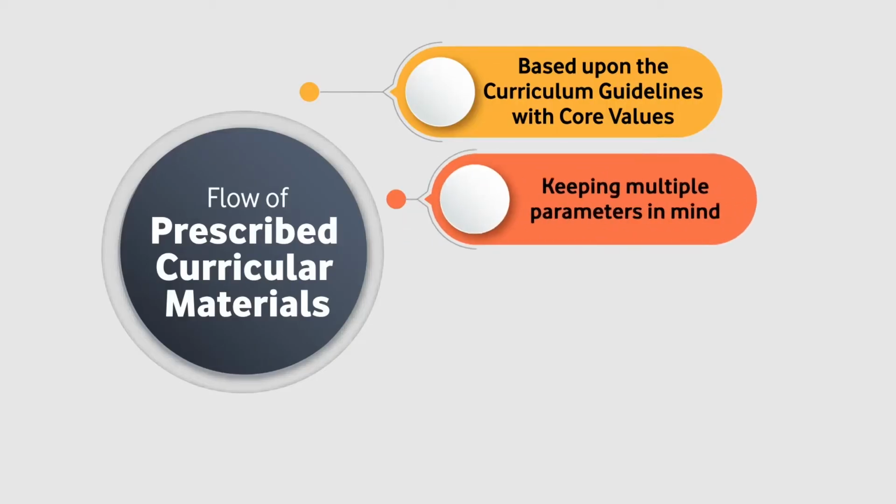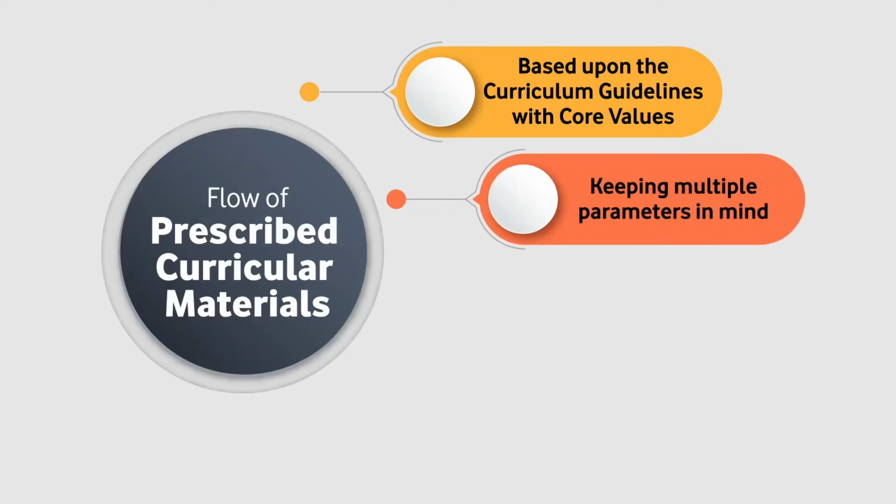Then, keeping multiple parameters in mind, in our last program we discussed curriculum, syllabi and school subjects. What is the interrelationship between curriculum and syllabi? Curriculum is very vast in nature. Curriculum includes the total development of the personality of the child. It may be mental development, social development, emotional development, or spiritual development.